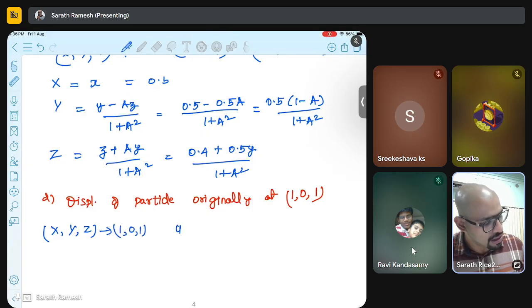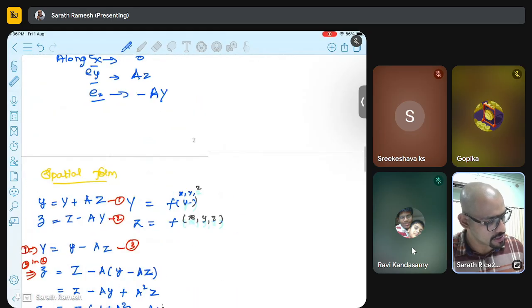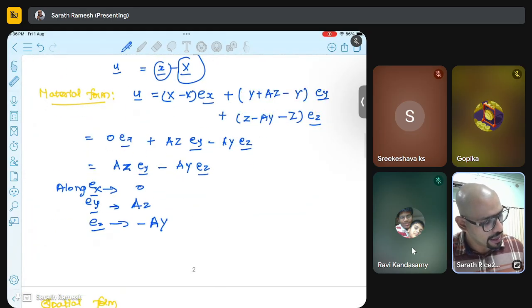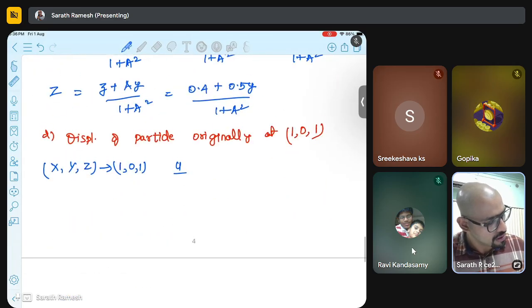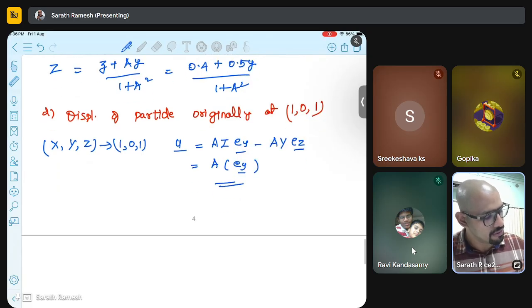We have already found the u in terms of material representation, that is AZ EY minus AY EZ, with capital letters. Right? This is what we have found. Let's substitute the XYZ here. So A times EY minus 0, right? So that's it.